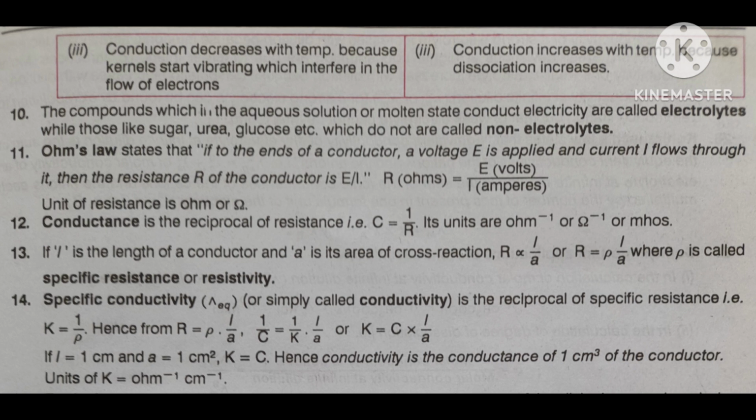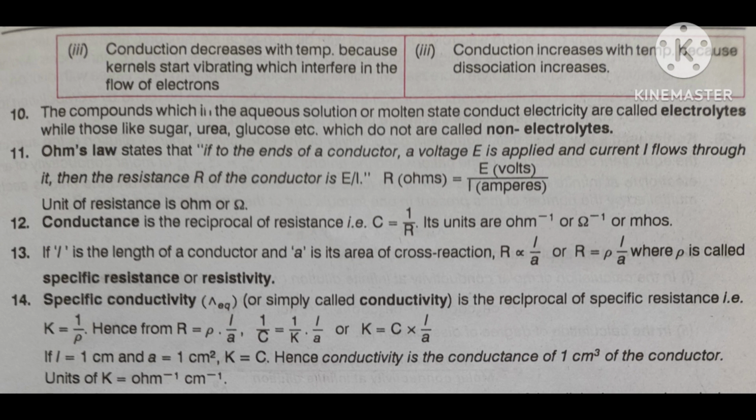Equivalent conductivity of a solution at dilution V, where dilution means capital V, the volume, is the conductance of all the ions produced when 1 gram equivalent of the electrolyte is dissolved in V cc of the solution. That means 1 gram equivalent of the electrolyte, when dissolved in V cc, produces ions. Cc means cubic centimeter.